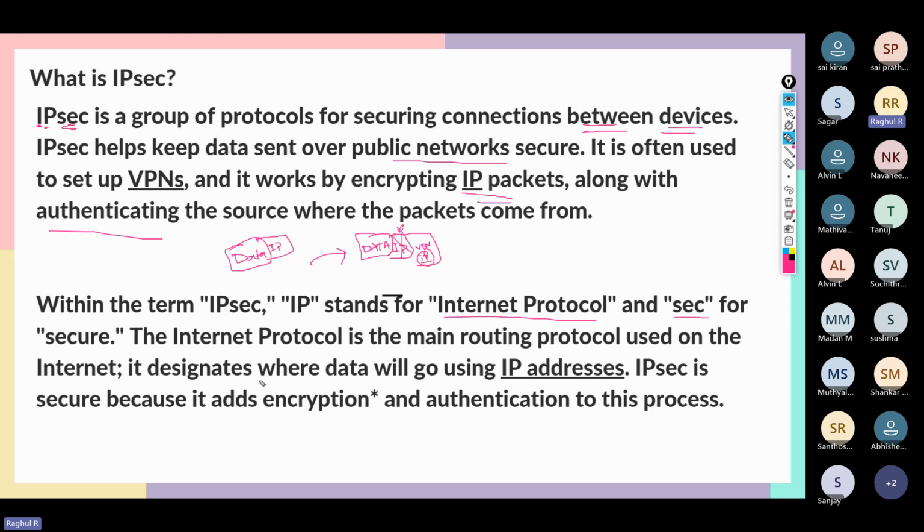It designates where the data will go using IP addresses. IPsec is secure because it adds encryption and authentication to this process. It will simply encrypt your IP header and add an encapsulated header on top of it, a VPN header having the defined IP addresses.